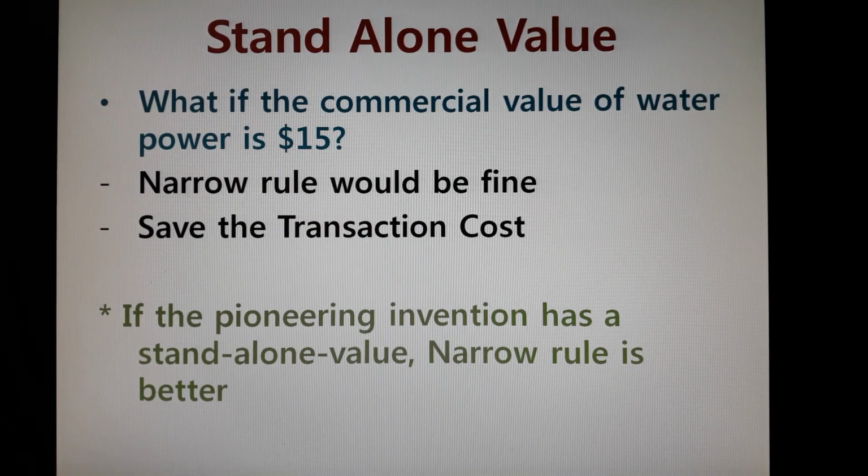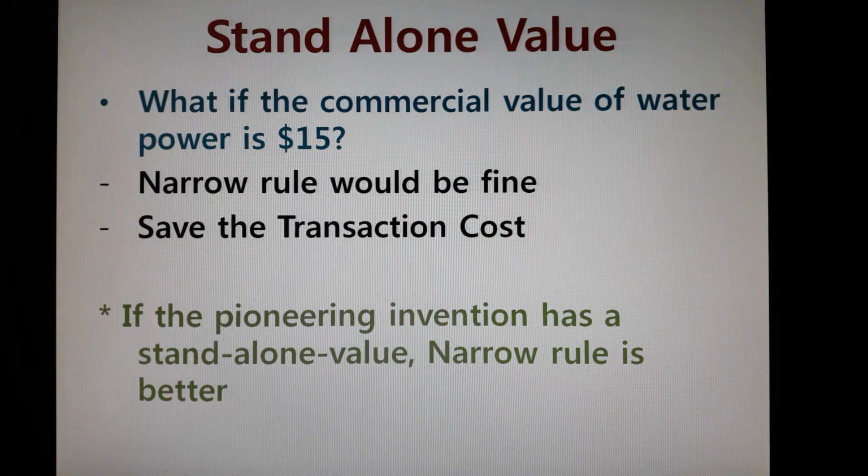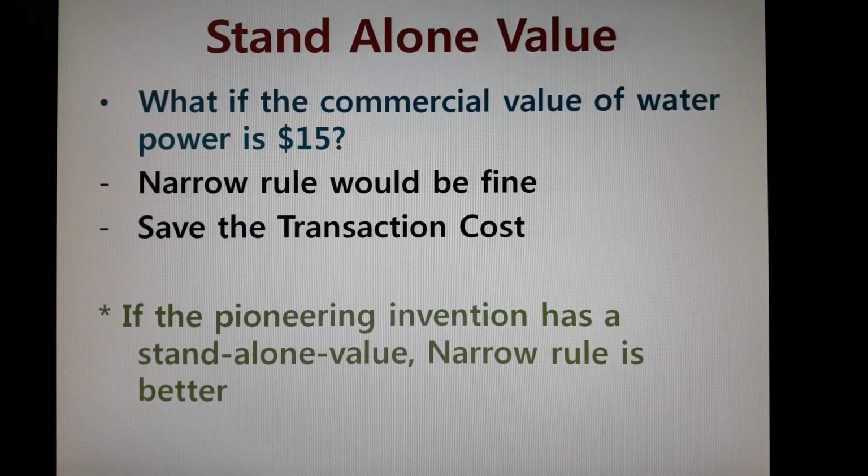But what if the water power theory by the physics professor Kate itself has a $15 value? Then it would be a different story, because for Professor Kate, the cost of finding the water power theory is $10. So if she can get $15, she will do it because she can get $5 profit.